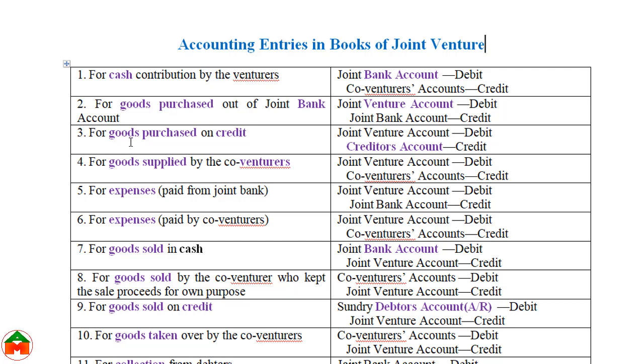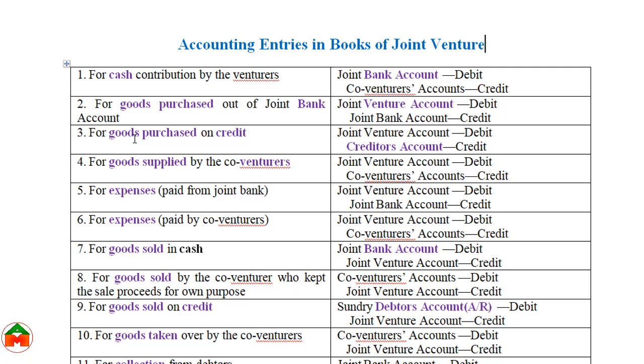But if you purchase the goods on credit, not cash, then same journal, joint venture account, but since you have not paid, it's a liability. Generally nowadays the creditors are considered as accounts payable.